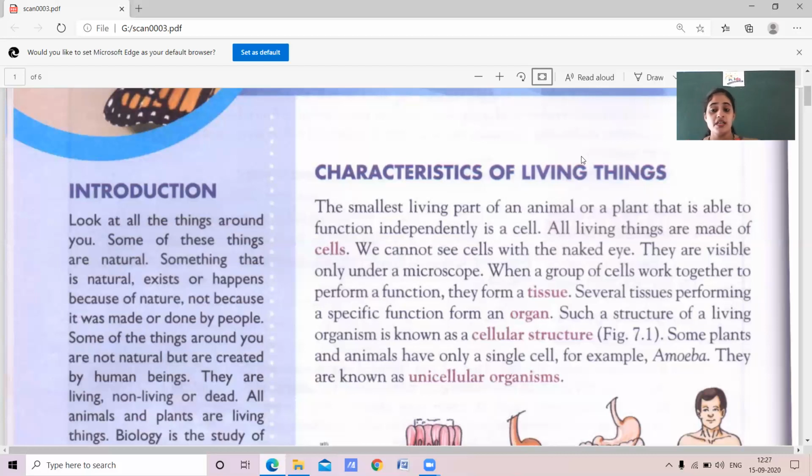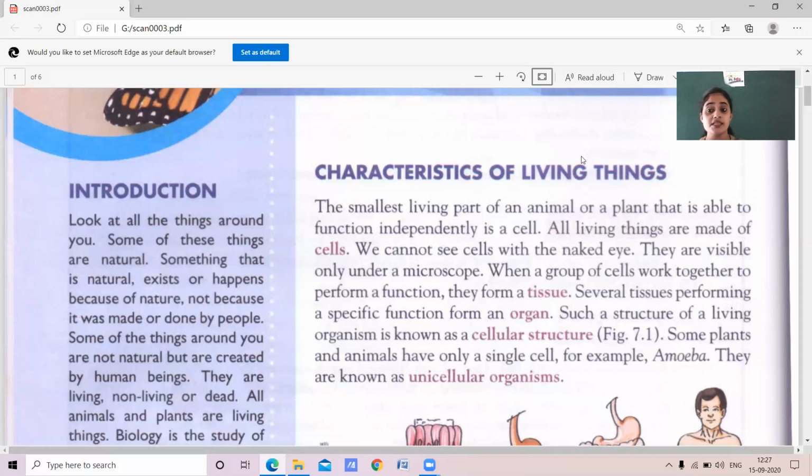Okay? The cell is a basic unit, a group of cells together perform a particular function and have a particular structure. They are called tissues. A group of tissues, we call it organs. Yes, a group of tissues together forming the organs.